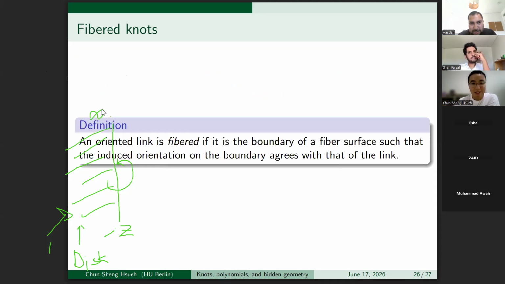So this leads to our definition: a link is called fibered if it's the boundary of a fibered surface. And I will not go into the orientation technical things.